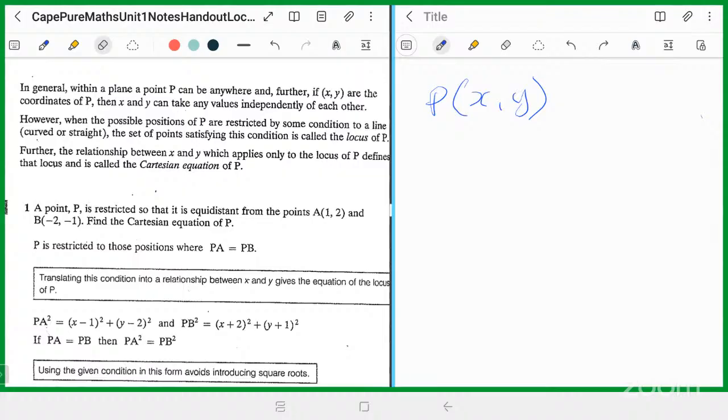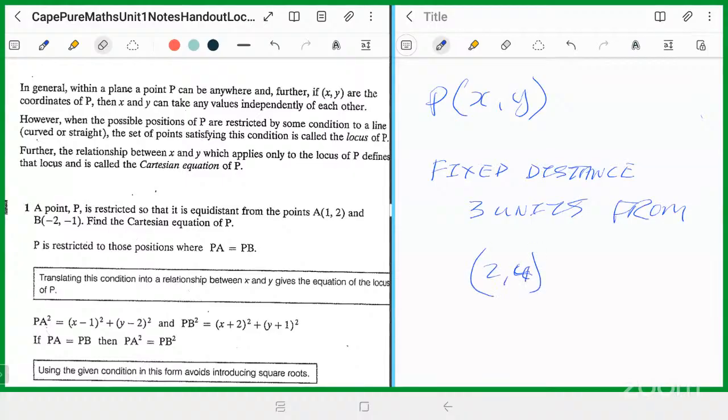Let's say a point P moves such that it is a fixed distance of 3 units from some other point, (2, 4).